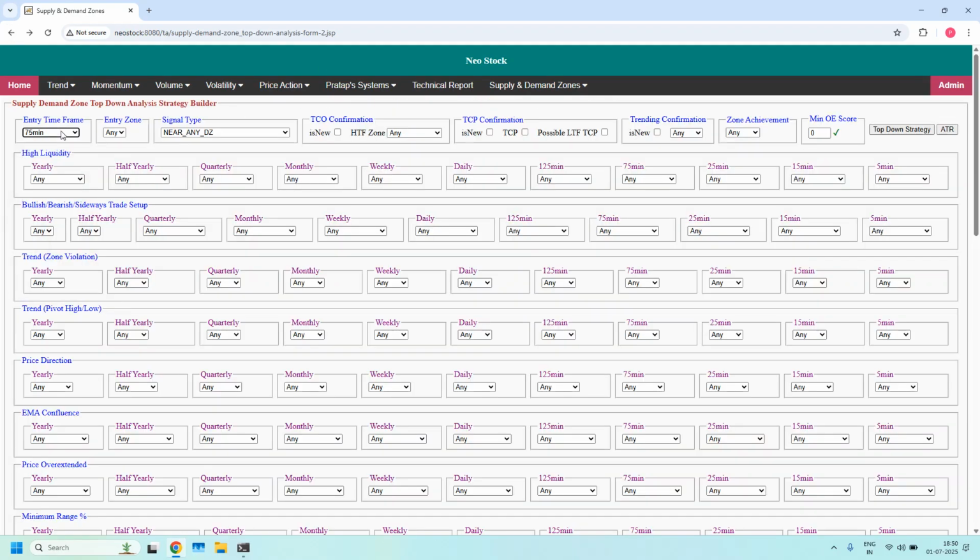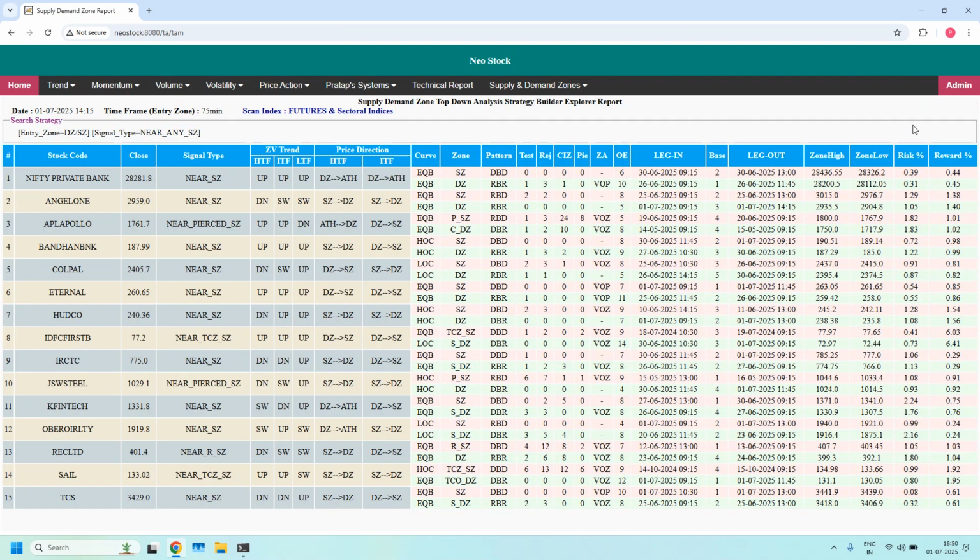Next, for 75 minutes time frame, stocks near to the 75 minutes supply zone, we got 15 stocks. Let us identify high liquidity 75 minutes supply zones from this list.